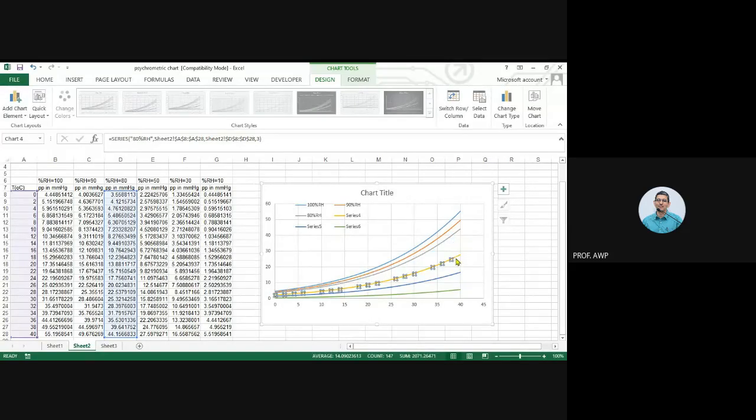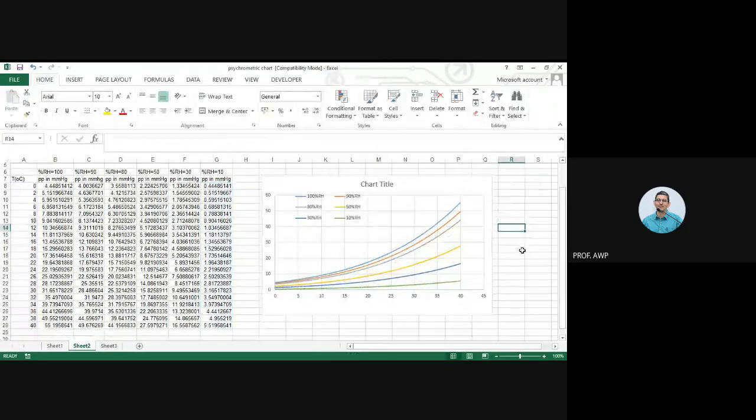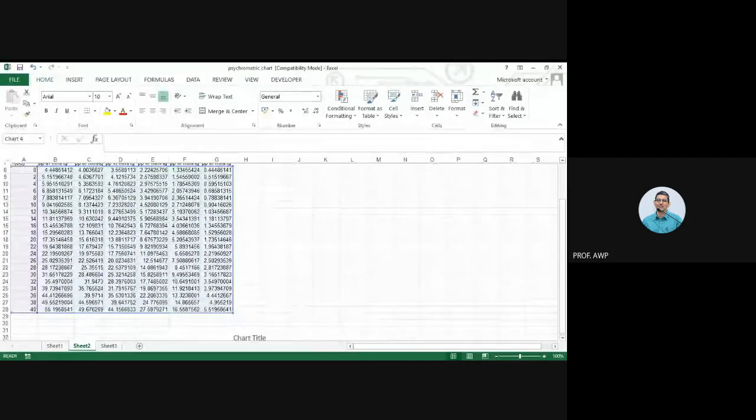Next is 50% RH. Next, it is 30% RH. Next is 10% RH. Right?